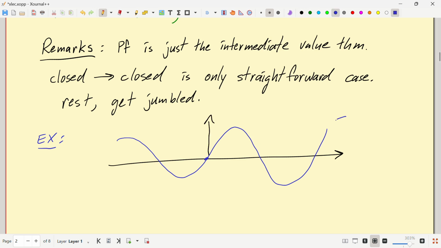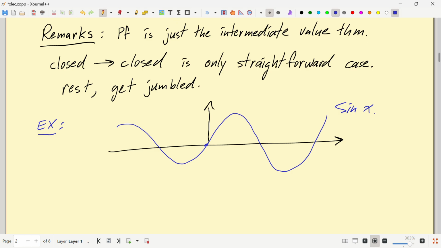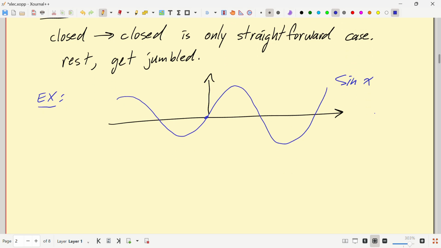This is a graph of sine of x. And it's wiggling up and down between +1 and -1. So why don't we think about, let's let sine of x be f of x. If you think about f of the open interval from minus pi over 4 to plus pi over 4.